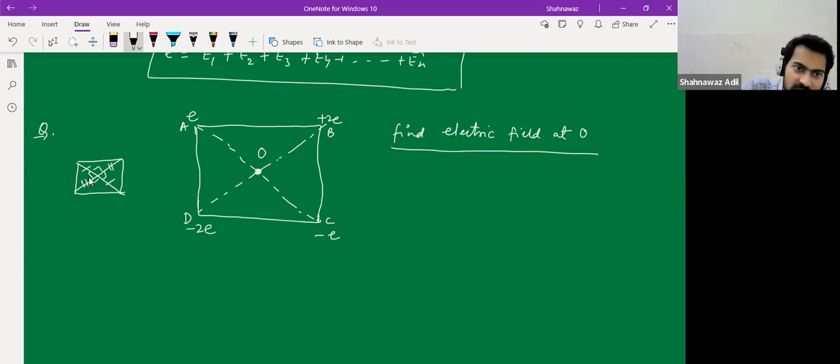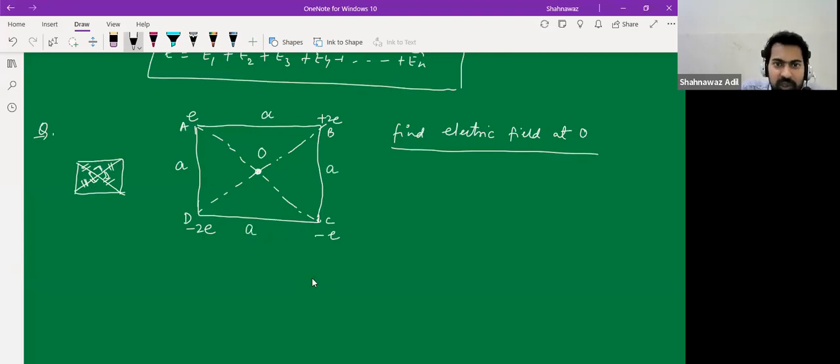So this is the property of the square. And the side of this square is A.